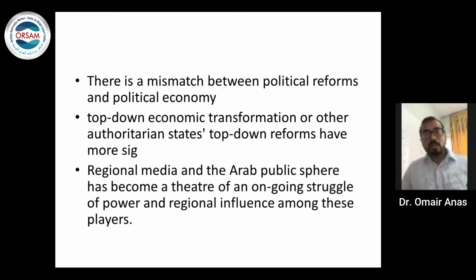They have not asked their population, what do you want to do? What kind of economy do you want? What kind of economic rights do you want? Without asking them, they just introduce a new system, a new economic package, which they ask from their American partners, and then they say this is the best economic reform which we are going to do.